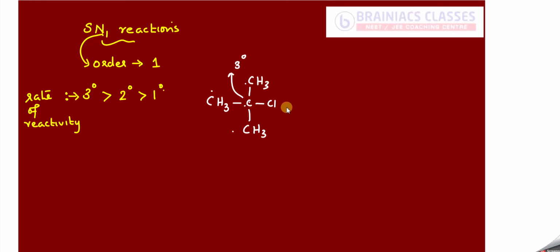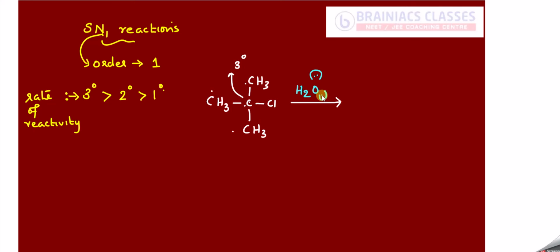Now this 3-degree alkyl halide, I am treating it with, for example, a strong nucleophile like OH minus. This nucleophile is present in the form of water, H2O, which will ionize in the medium as H plus and OH minus.